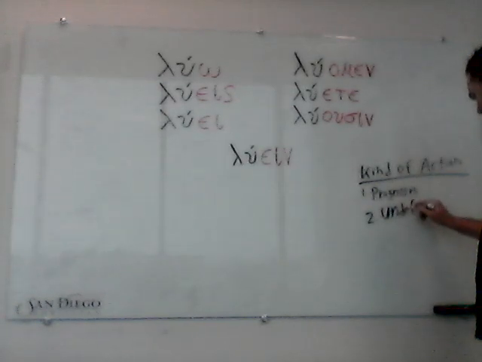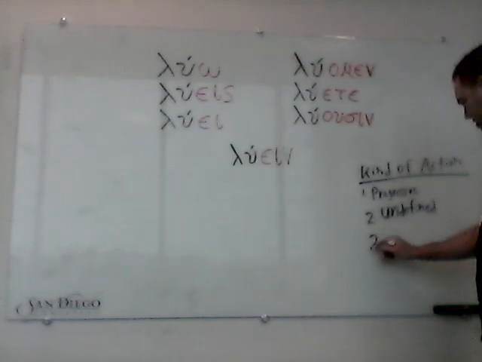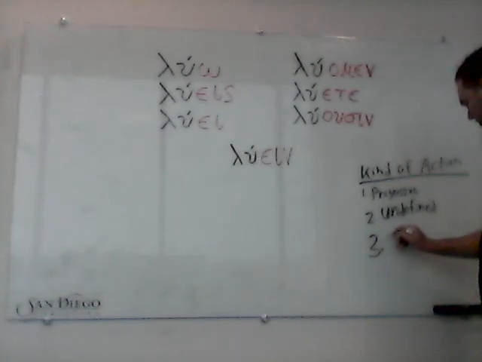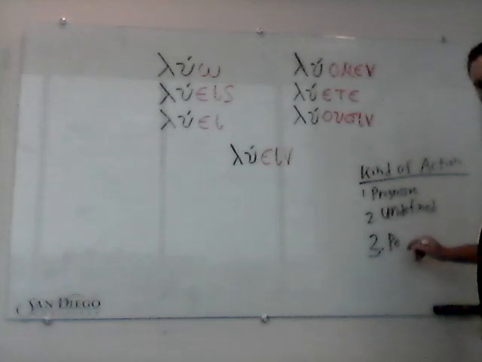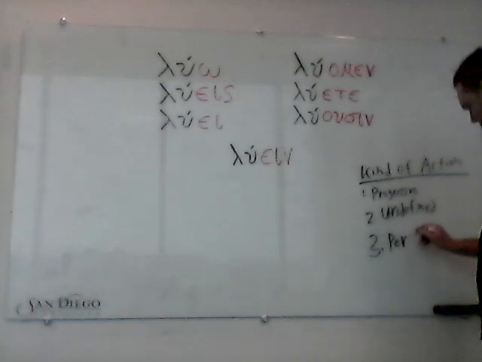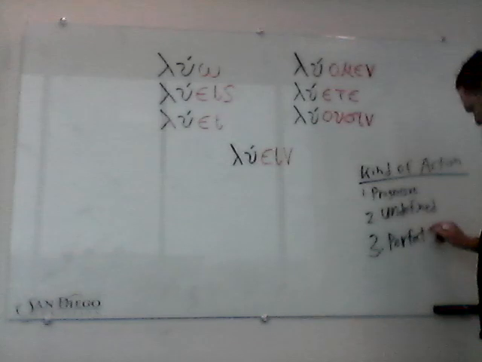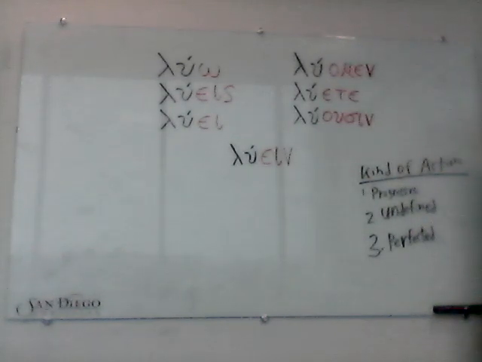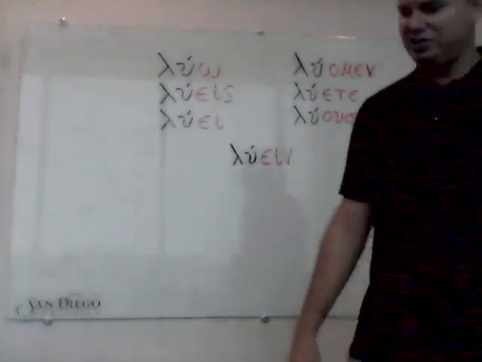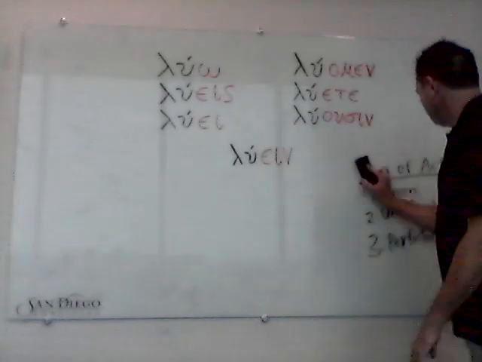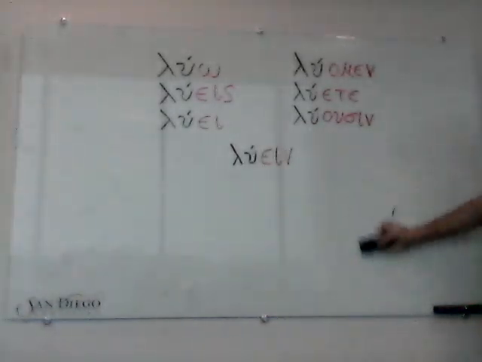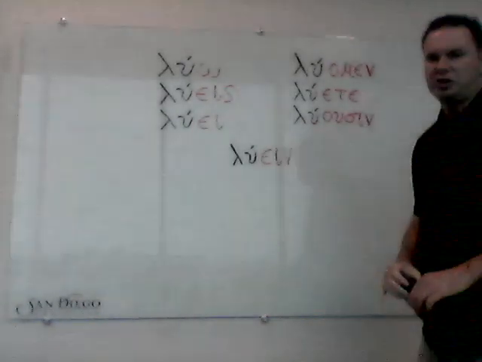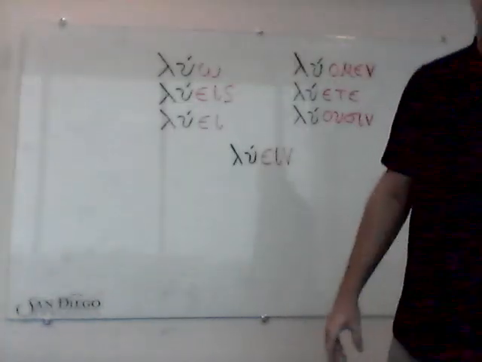I love that that's a kind of action. And perfected. And again, perfected means that the action is completed. Okay, so those are our kinds of actions. You can freeze frame that later if you want, so I'm going to just go ahead and erase it while we are at it. Okay, so your tense is going to tell you that.